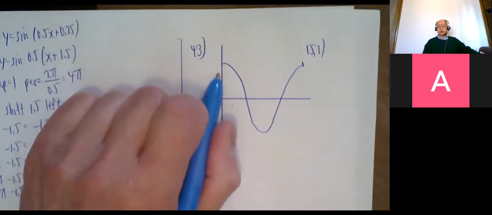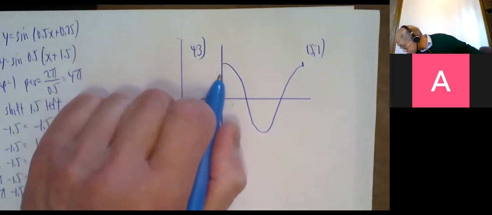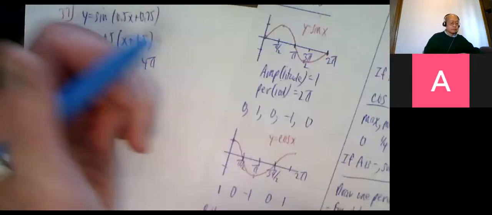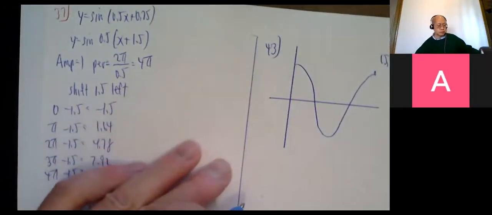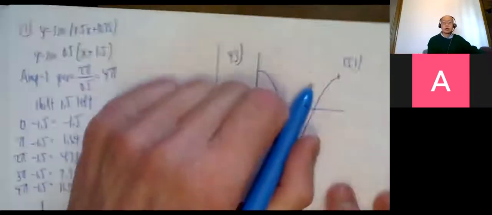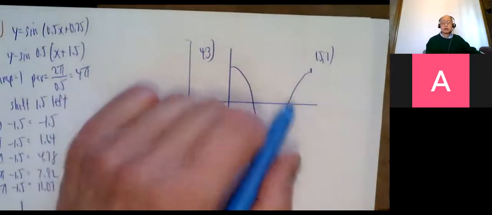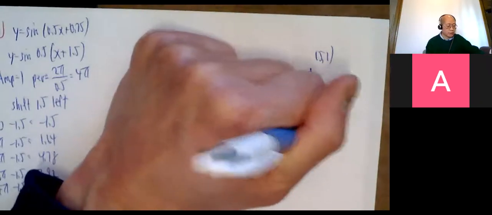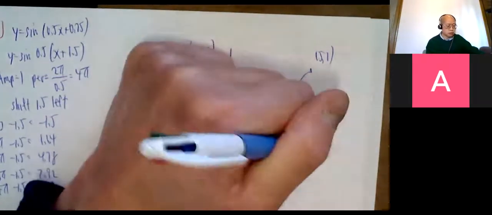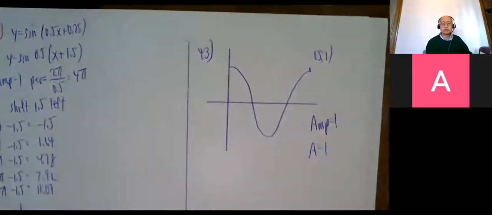So is it sine or cosine? It's going to be cosine, right? Well, the highest value is 1, the lowest is -1. So the amplitude is 1, which means A is 1.